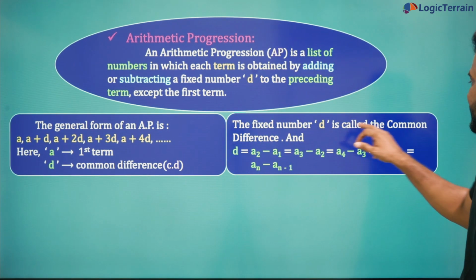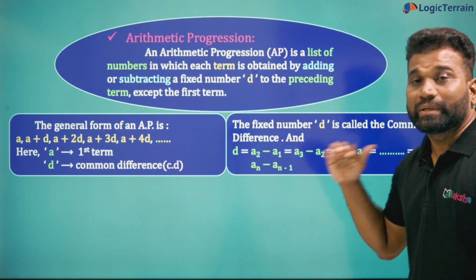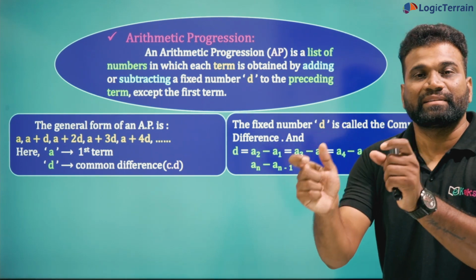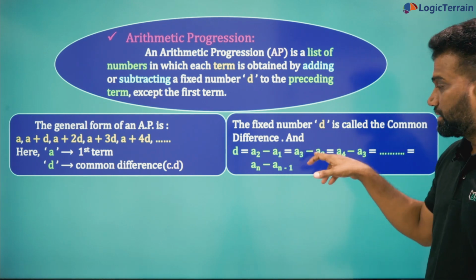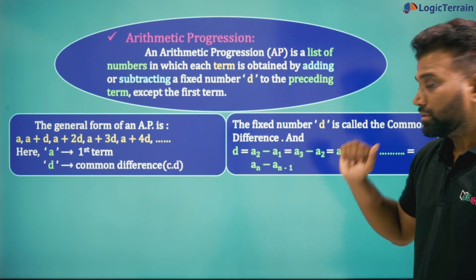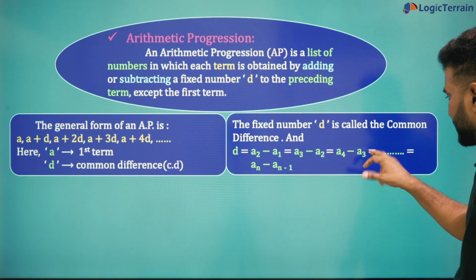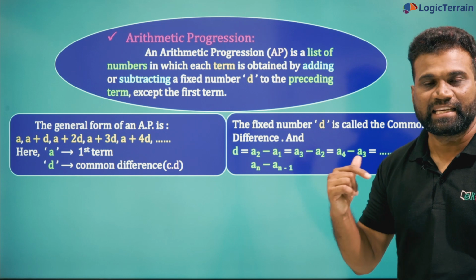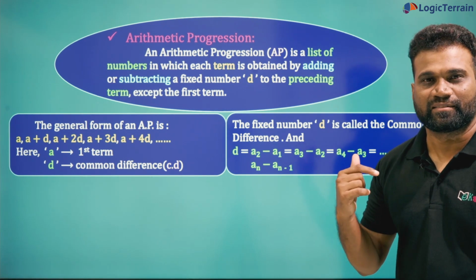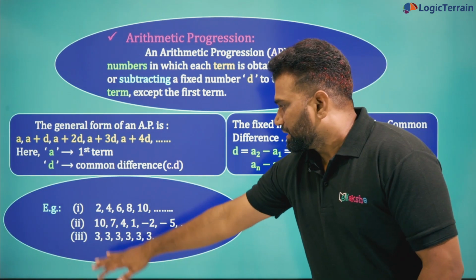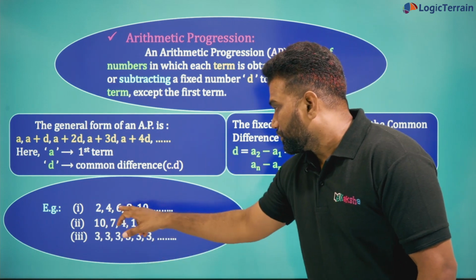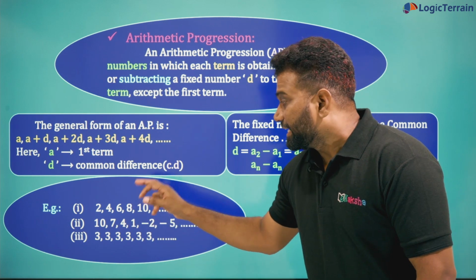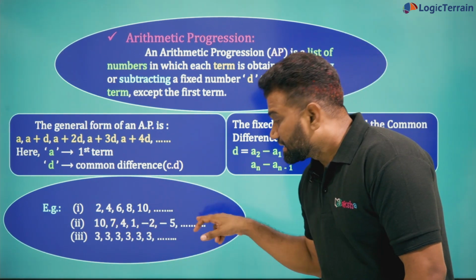The fixed number d is called the common difference and this is how we can calculate d. What is that? d means common difference, that is the difference between any 2 consecutive terms. So, you can find it this way: a2 minus a1 or a3 minus a2 or a4 minus a3 and so on, an minus a(n minus 1), and all these must be equal in an arithmetic progression, right? So, these are examples of arithmetic progression: 2, 4, 6, 8, 10 and so on. You can see in this first example each term is obtained by adding 2 to its preceding term. You can see this is a decreasing sequence.